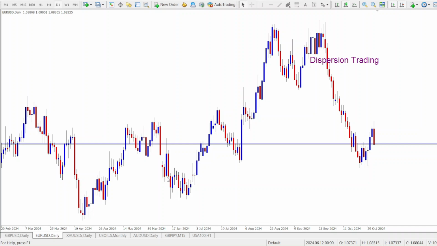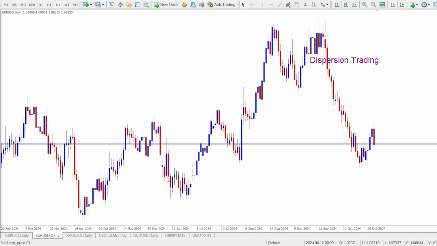Dispersion trading will involve taking a position based on the volatility relationships between them, potentially betting that one pair will experience more volatility than the other. When done right, this approach allows you to benefit from volatility differences without having to predict an exact price direction. So why is dispersion trading worth considering?